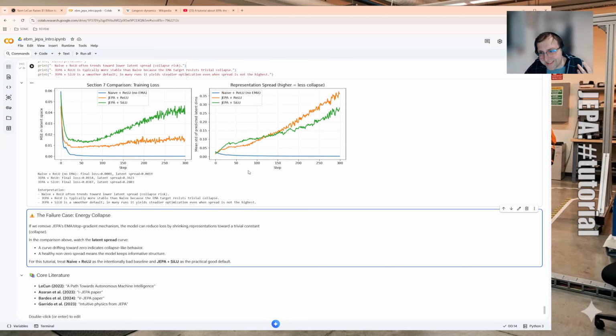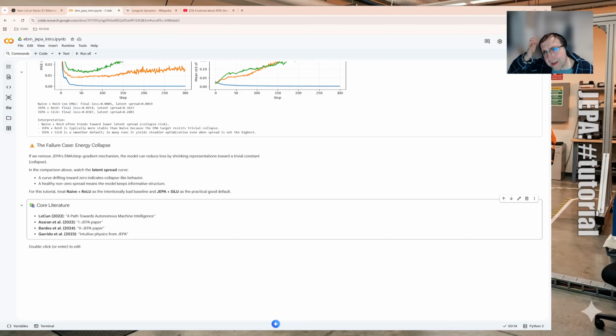So to close down this tutorial, and maybe I will do another one, you can go and read the original papers, like the one from 2022. This essentially explains the EBMs, JEPA, and the path to autonomous machine intelligence. And then you can read I-JEPA, the Joint Embedding Predictive Architecture for Images, which is kind of like what I did today, simplified in a few lines of code.